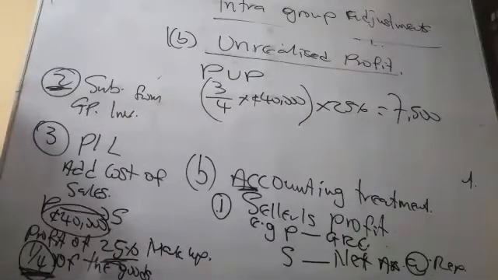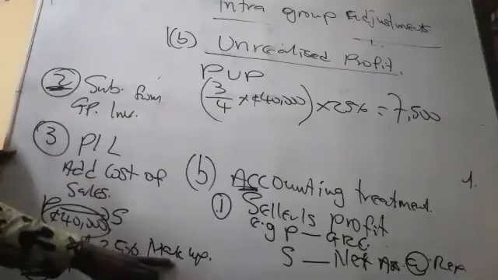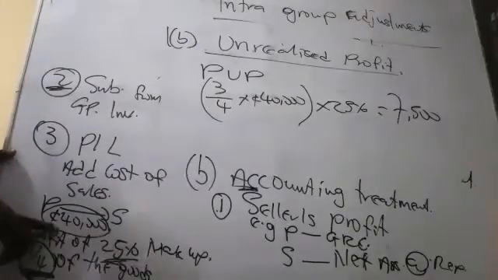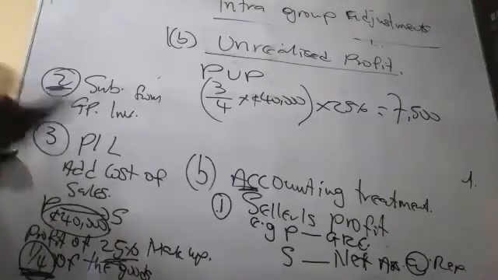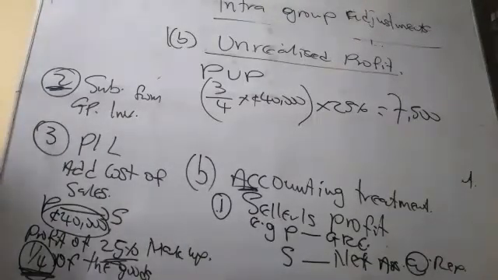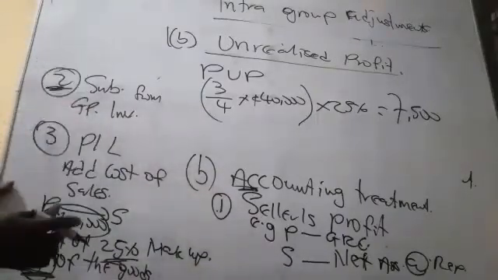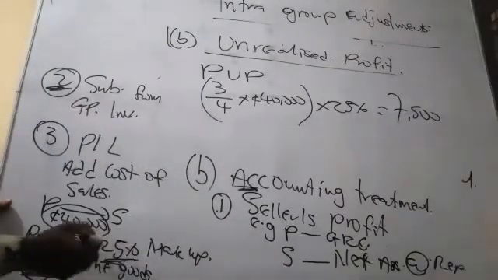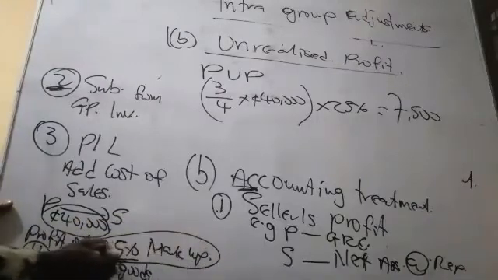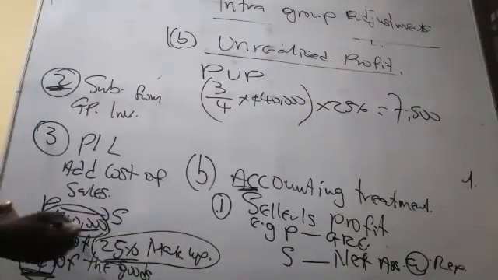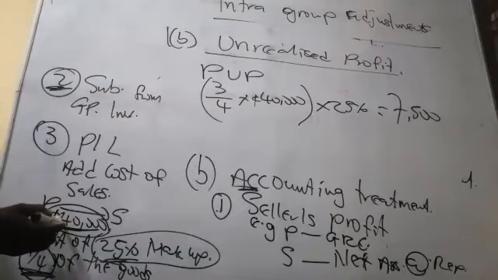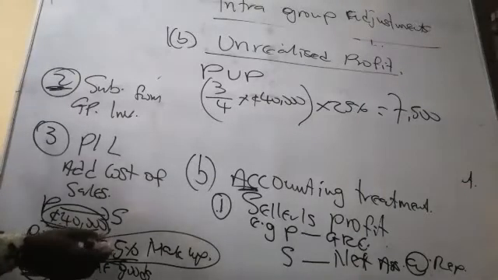You know that markup is on cost and this is the selling price. So you have to gross it up. You have to tell the examiner that if you are giving me markup, but the value is the sales value, then I have to convert this markup to margin.